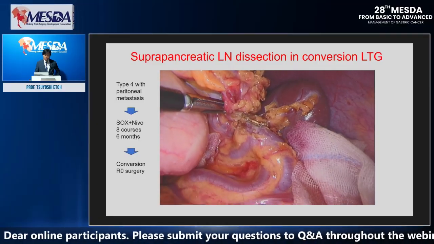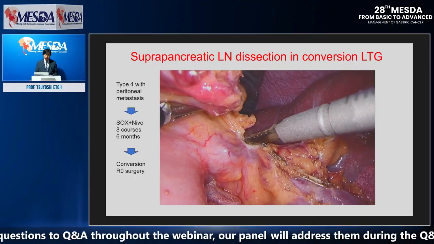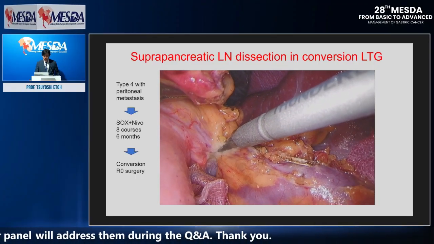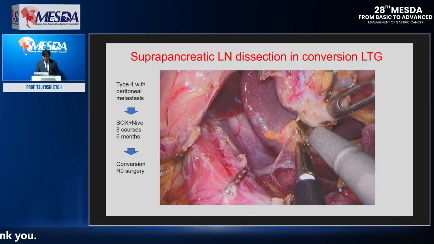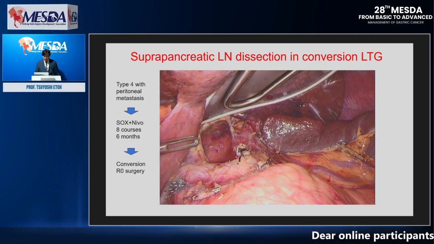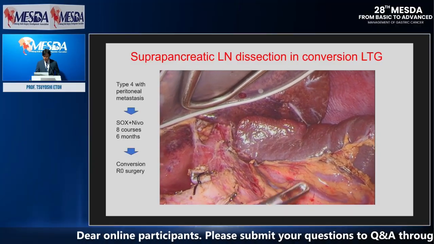But anyway, at least we confirmed the technical feasibility. So this is the final view of the lymph node dissection in the conversion case.